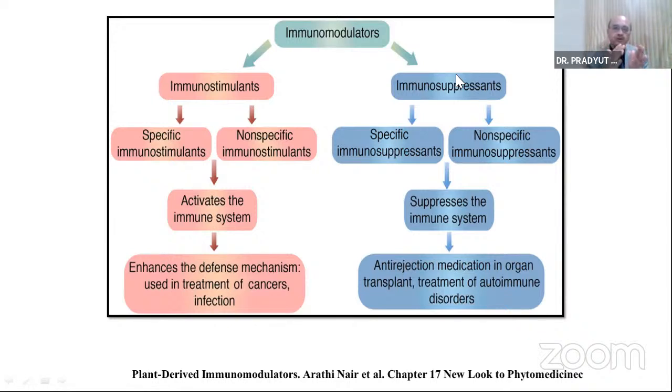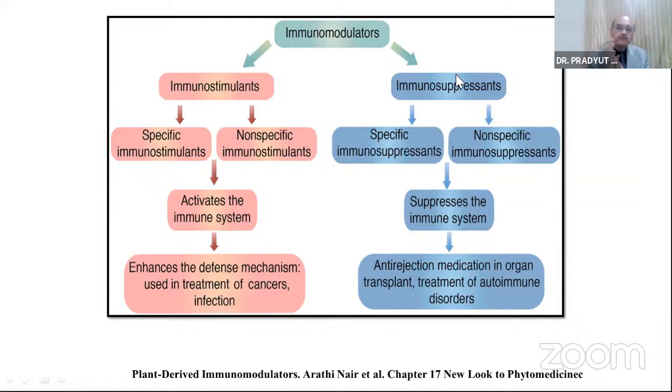The specific immunostimulants are directed against a particular virus or bacteria or infection, whereas the non-specific immunostimulants in general activate both the components of the immune system. Because they enhance the defense mechanism, they are used in the treatment or prevention of infections and also certain cancers, where immunotherapy is now gaining a lot of ground.